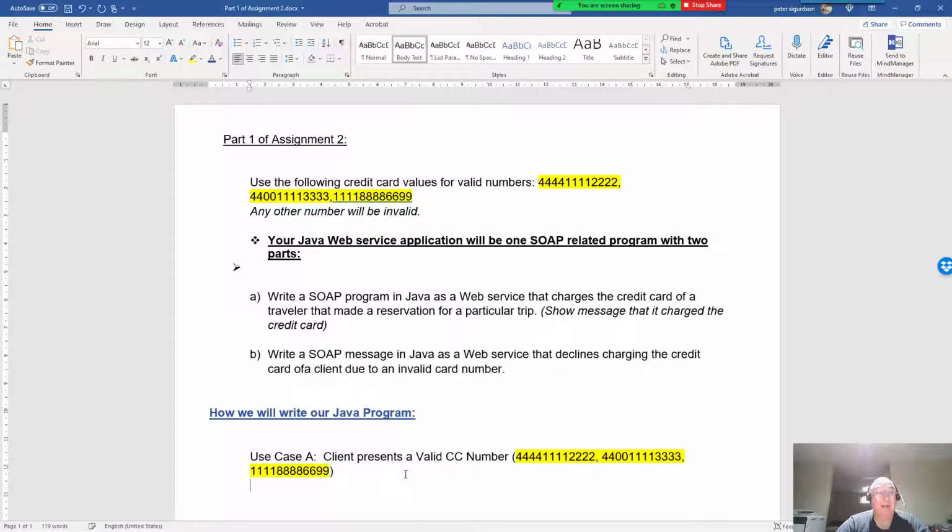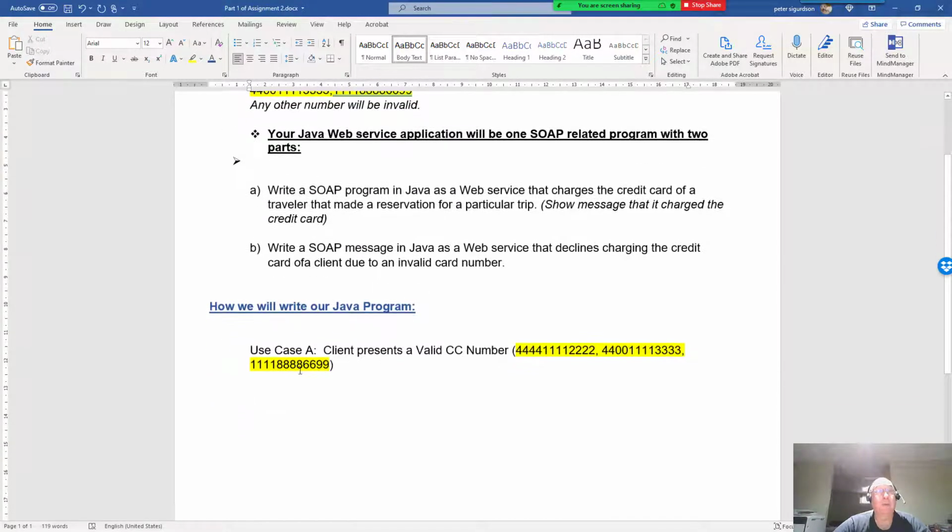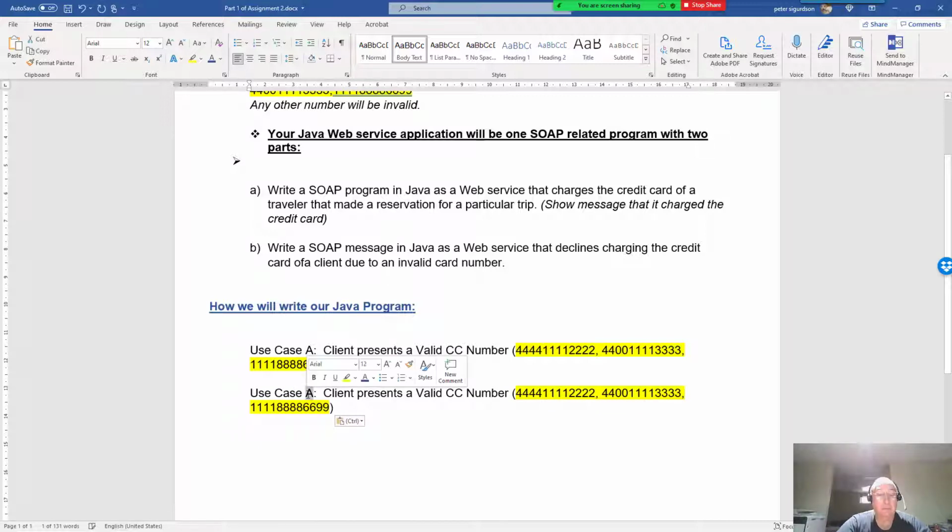Or use case B, they present any other number. Client presents any number which is not on this list.